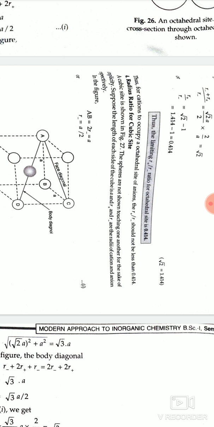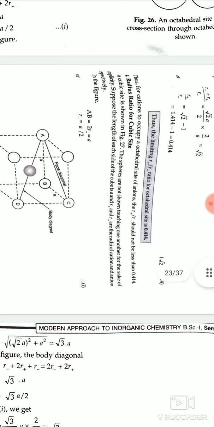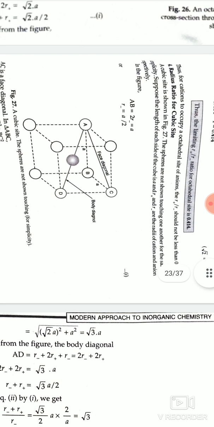Or we can say that r positive divided by r negative is equal to √2 minus 1, which is equal to 1.414 minus 1, which will be equal to 0.414. Thus the limiting radii ratio of octahedral site is 0.414.